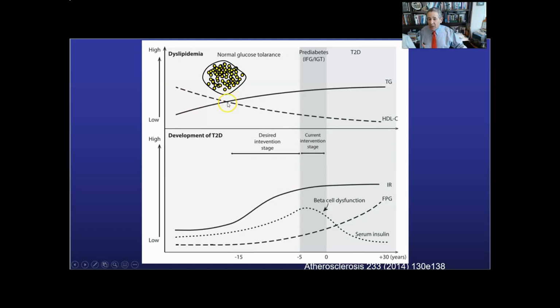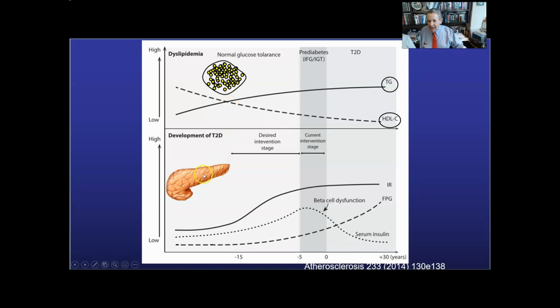And this is associated with high triglycerides, low HDL. Here is fasting plasma glucose, and here is insulin levels. And so the high triglycerides, low HDL problems from the liver being overloaded with fat occurs way back here.